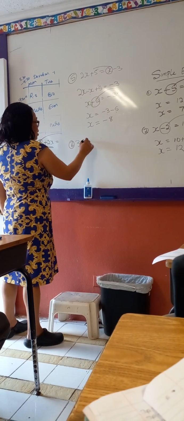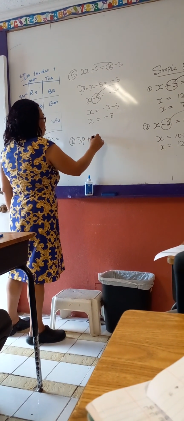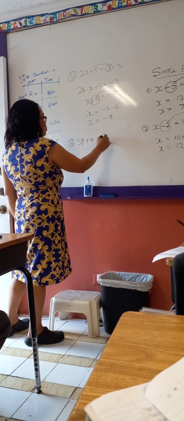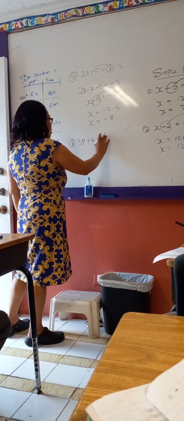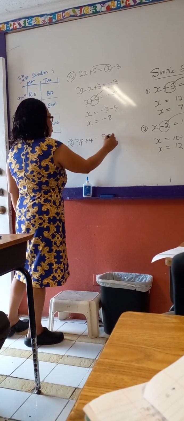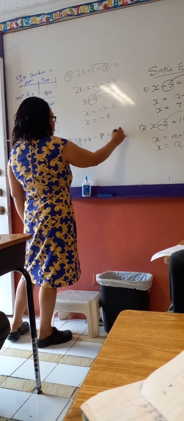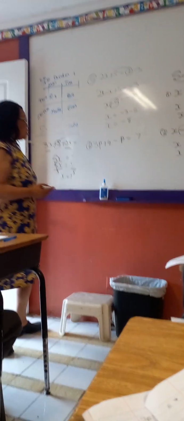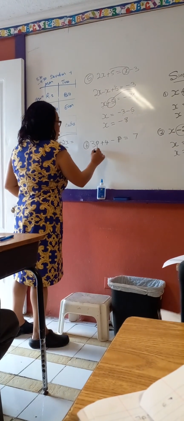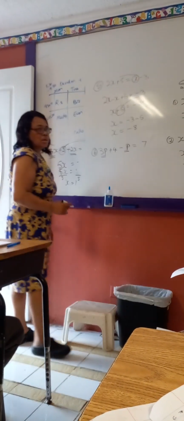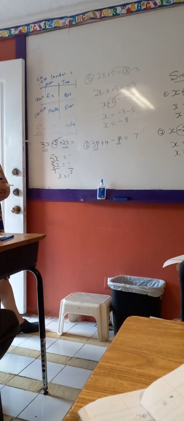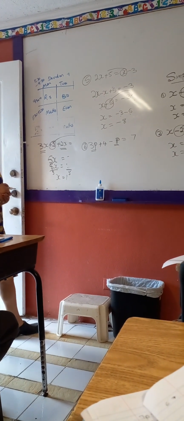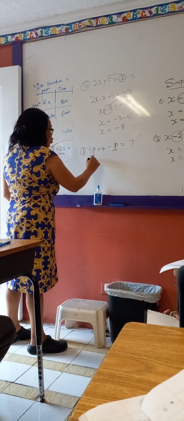3p plus 4 minus 2p, or minus p, let me just put minus p, equals 7. I thought that would have been easy for you all, because all I'm doing is taking 3p minus p. What is 3p minus p? 2p. I'm left with 2p.